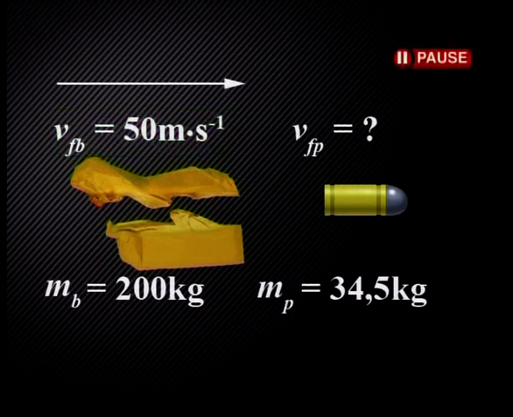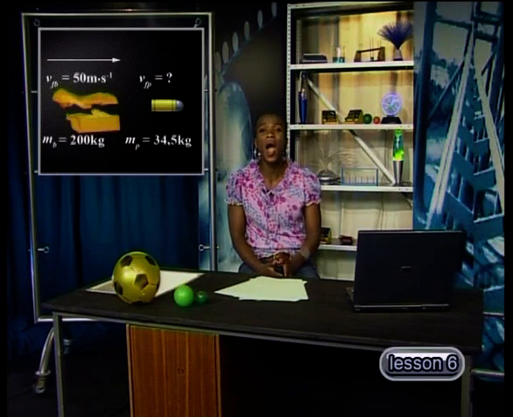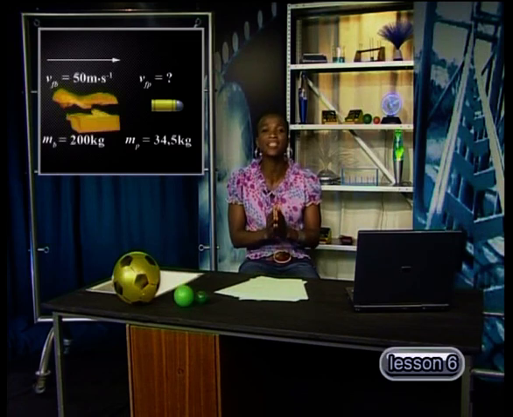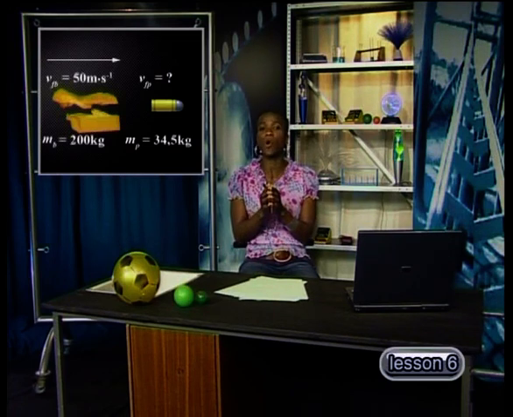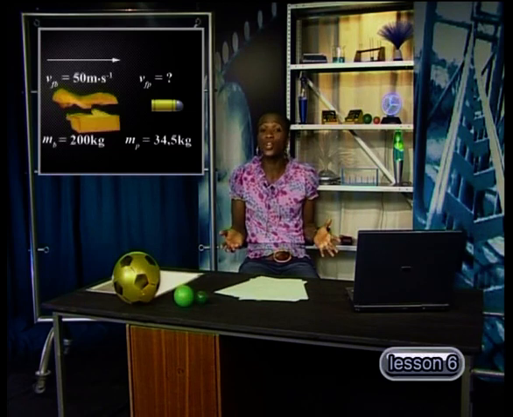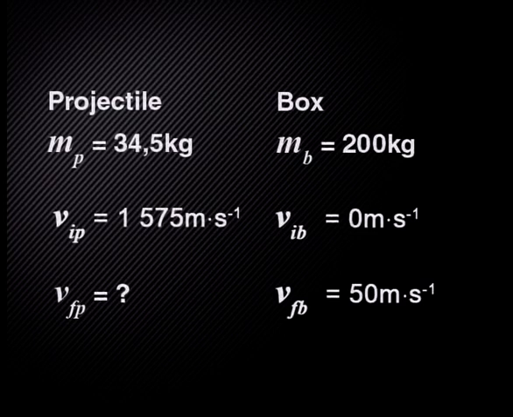Where should we begin in order to show that the collision is inelastic? First, we need to know how fast the projectile is moving after passing through the box. The law of conservation of momentum will solve the first part. Before colliding with the box, the projectile had a mass of 34.5 kilograms and an initial velocity of 1,575 meters per second.